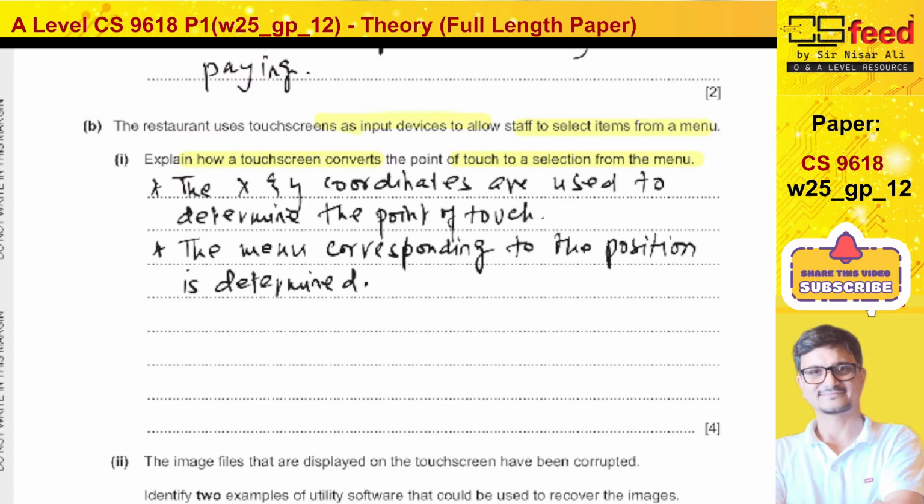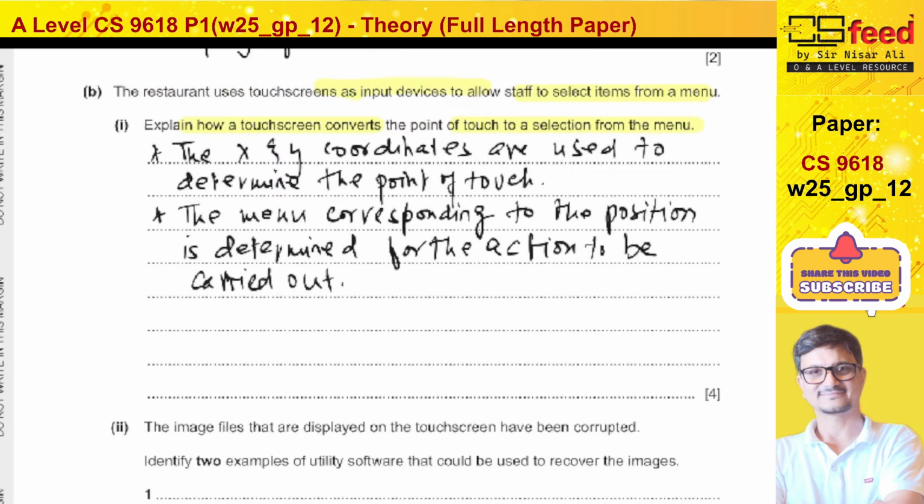So the point where you touched and whose X and Y coordinates are identified, then its corresponding menu is determined. All right. So that the action to be taken is read out. So we have just written 2 points.